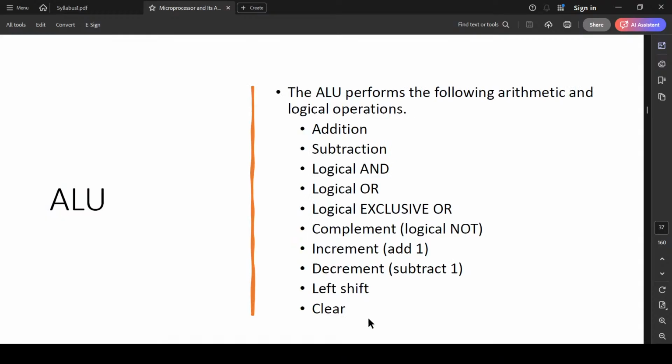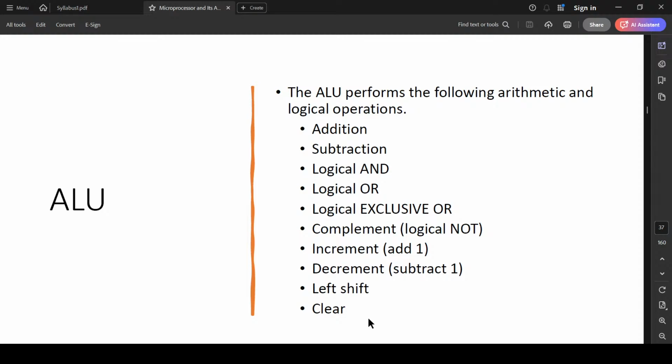Next point. Now we will get into the nerves of Mike ALU. The ALU performs the following operations, guys.